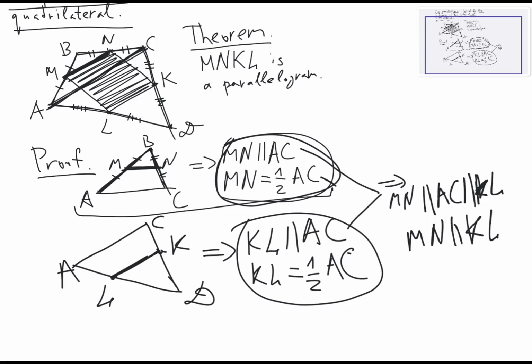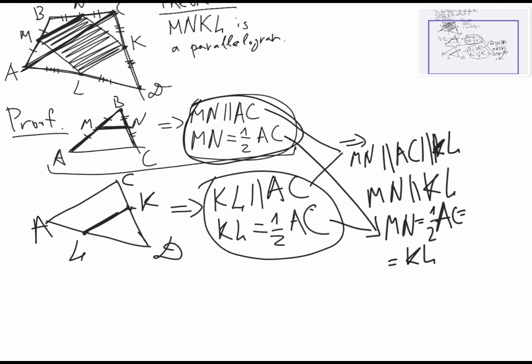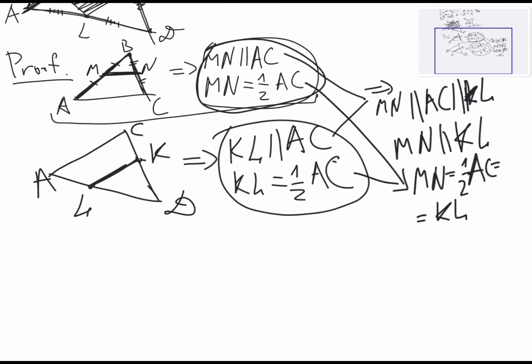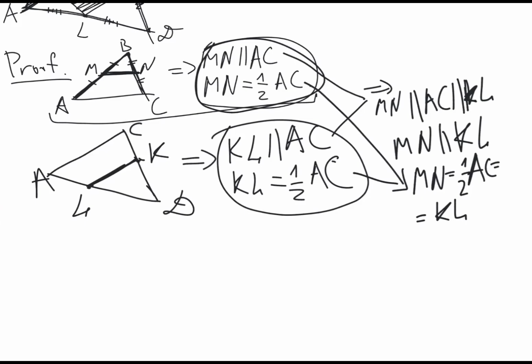And from these two equalities, we conclude that MN is equal to 1/2 of AC, which is equal to KL, right? So in other words, MN is equal to KL. So MN is parallel to KL and MN is equal to KL.